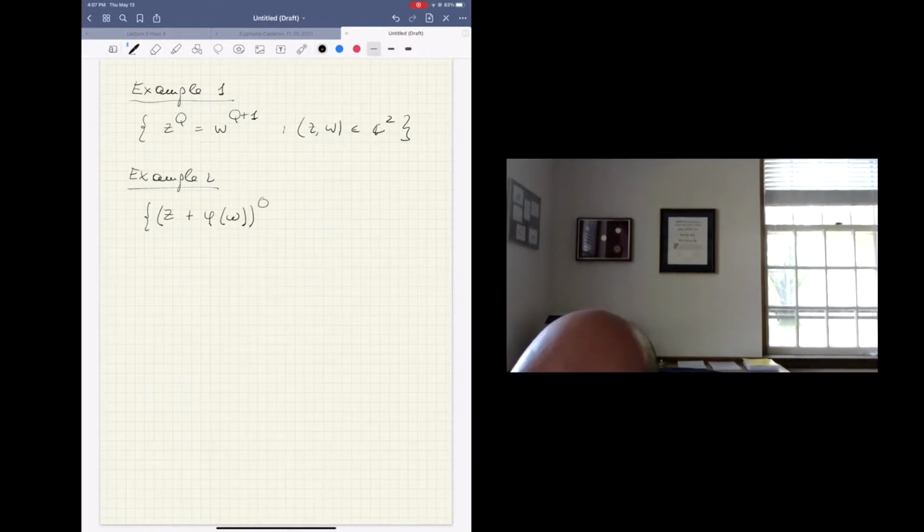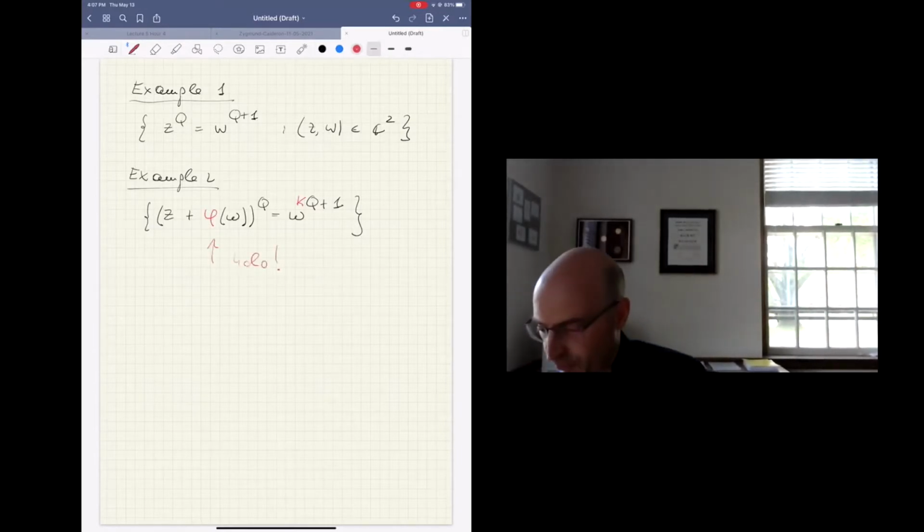And now here I have the power q, and here I have the power w to the q plus 1. And actually, let me just put even an integer k over here in front. So let me highlight the difference with this example: here I have some other function phi, which is holomorphic. Okay, so these are the two key examples.